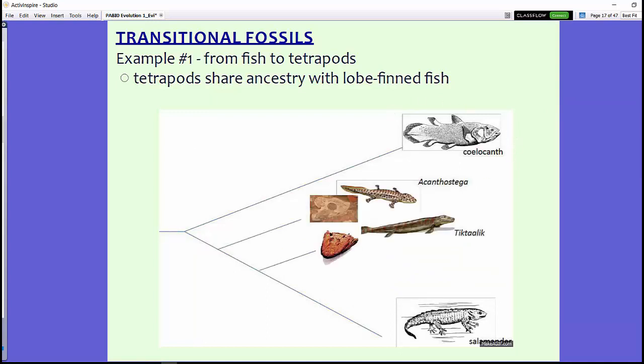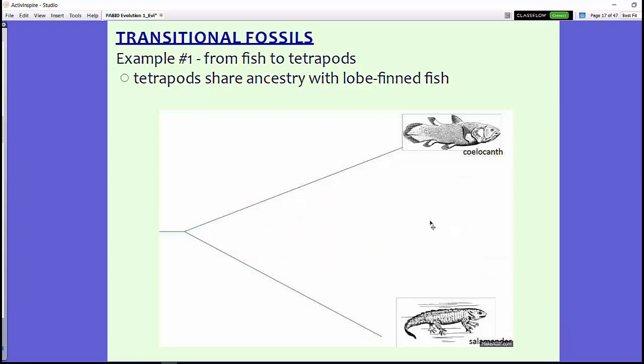The coelacanth is actually still living today. It was thought that these coelacanths were extinct, but they are still living today. These coelacanths can actually walk on land. Of course, they need to spend more time in the ocean. That's where they live, but they have been seen walking. So it's thought that this is one of the earliest types of fish to walk on land.